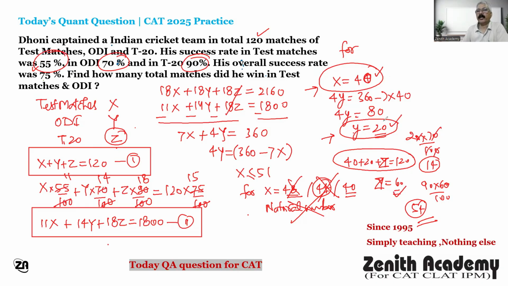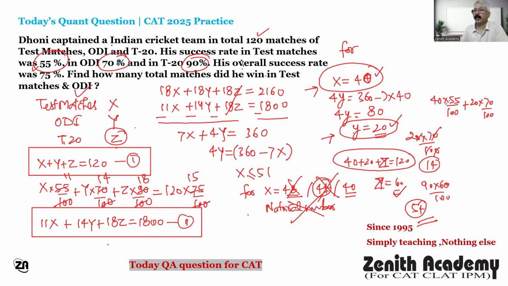Here, the number of victories. The question is to find the total matches he won in the test matches and ODI. If x is equal to 40, the total number of victories is 55% of 40. And in ODI, y is 20, and here it is 70%, which I already calculated, but I'm doing it again.